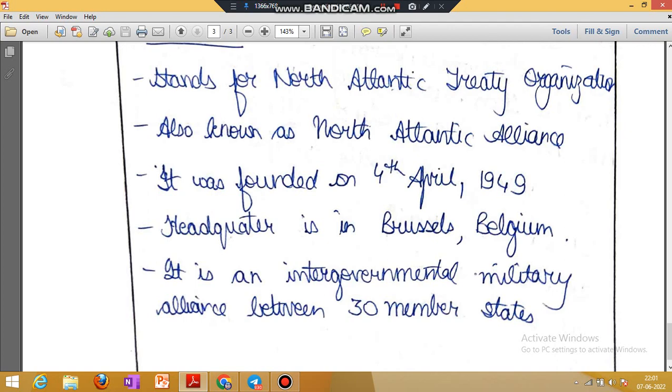Now this NATO has also been in news recently, so you can expect a question from there as well, because of the conflict that is going on between Russia and Ukraine. You might have heard the term NATO several times, so a short note can be expected from this area as well.